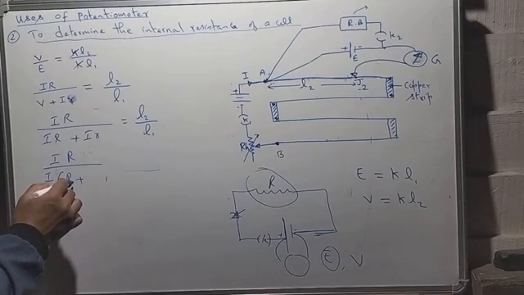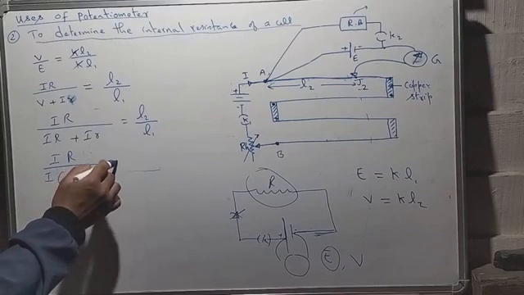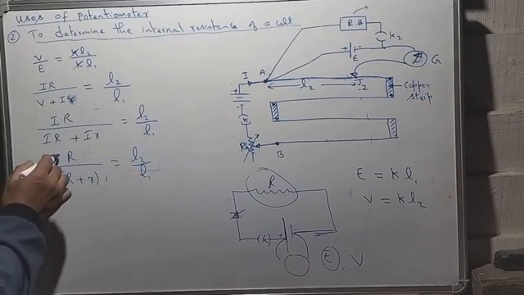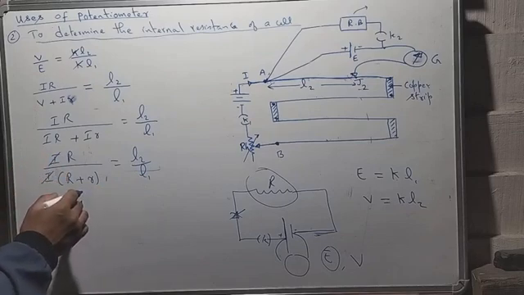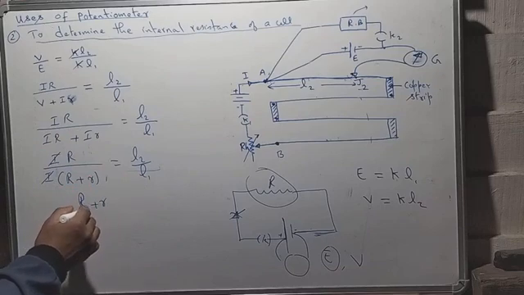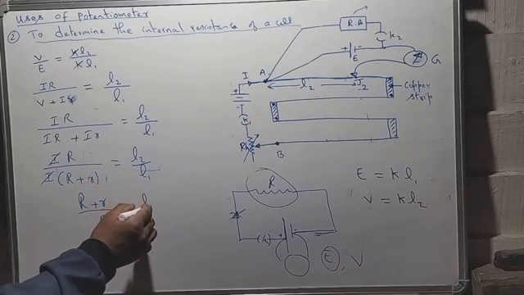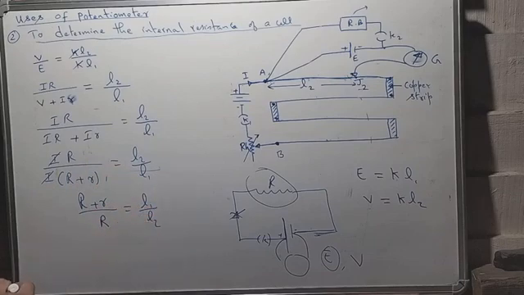Inside the bracket, I'll have capital R plus small r. This is L2 by L1. Now this capital I can be cancelled. Next, I'm taking the reciprocal: R plus small r up, capital R down, and similarly L1 up, L2 down.